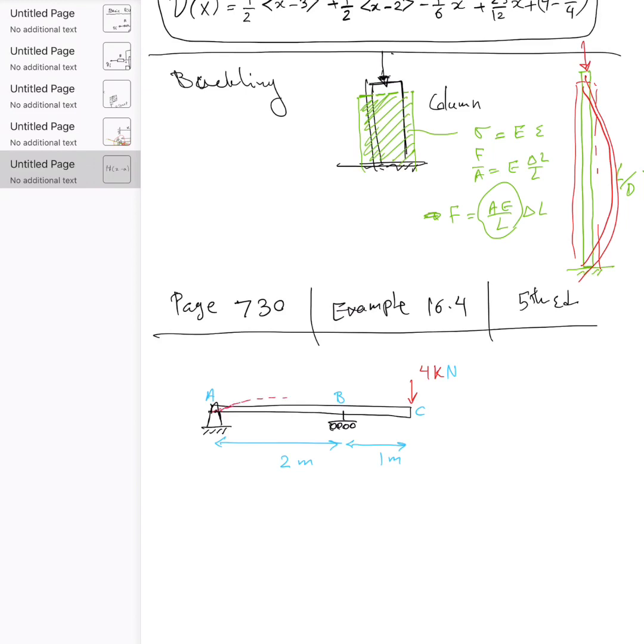So you're going to get something like that. You see that? And then that's your deflection, or V, at point C.